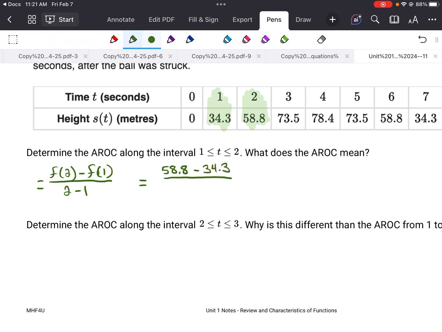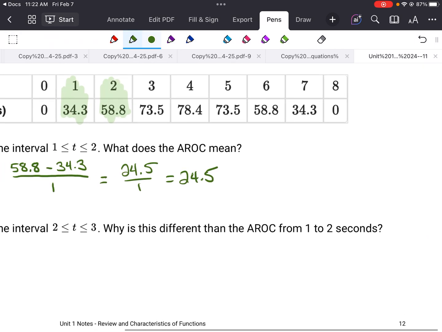And of course, we know 2 minus 1 is 1. 58.8 minus 34.3 gives us 24.5, and anything divided by 1 is itself. So the average rate of change from 1 second to 2 seconds is 24.5.